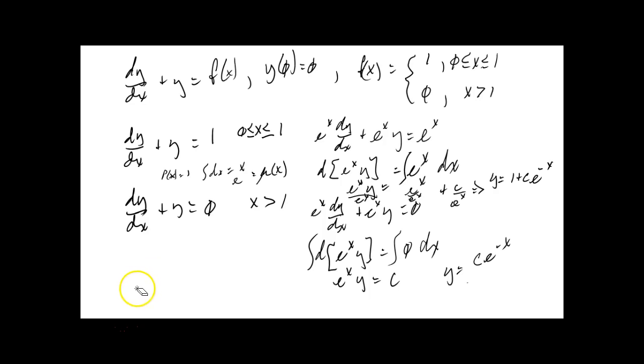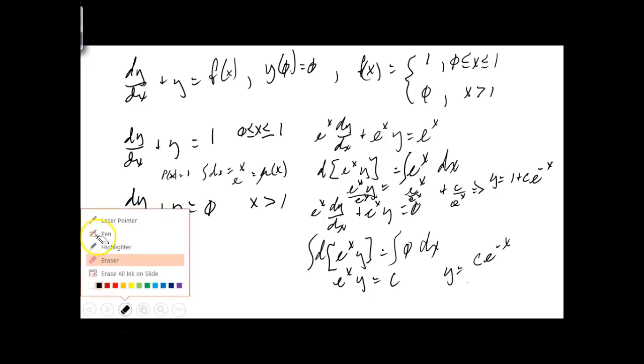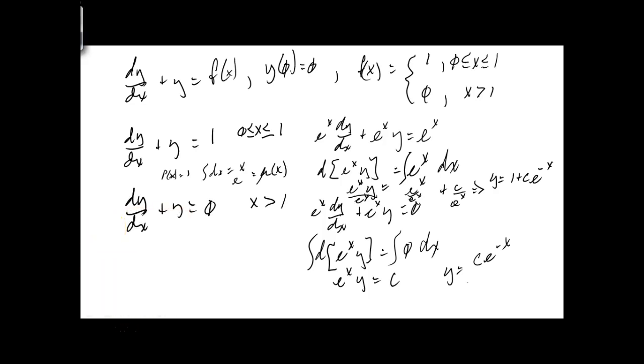All right. Now, we have an initial condition. Y of 0 is equal to 0, so let's put in 0 is equal to 1 plus c, right?